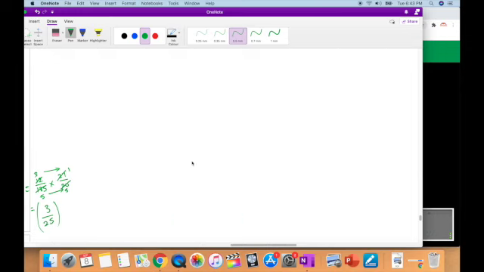So when we're talking about fractions now, what are some of the types of fractions that we were talking about? The first type is what? Proper. Right, so we have like a half, which is proper. And then the second type is what?